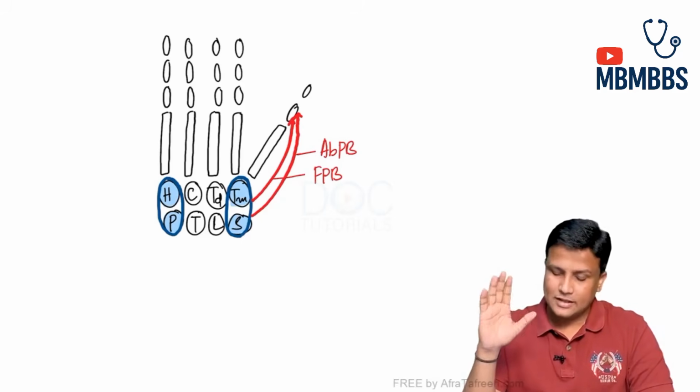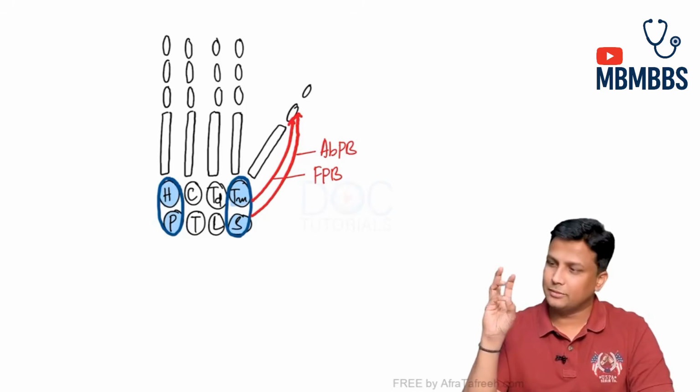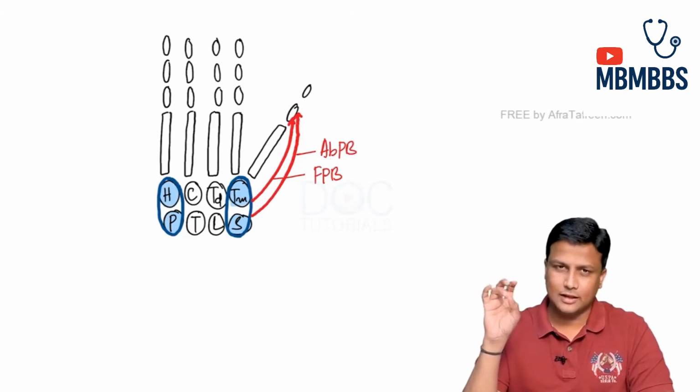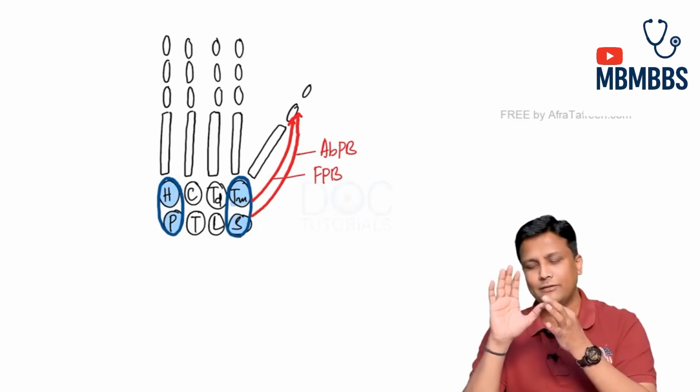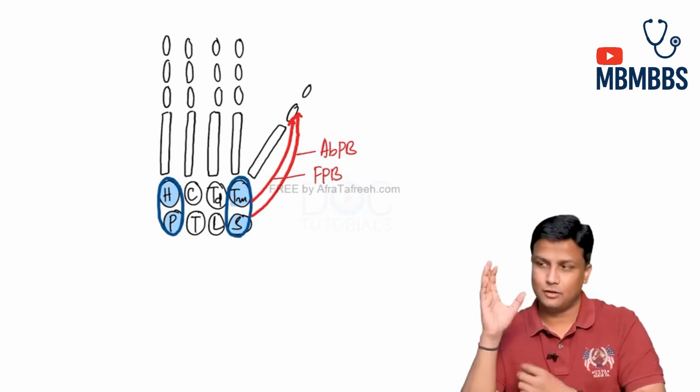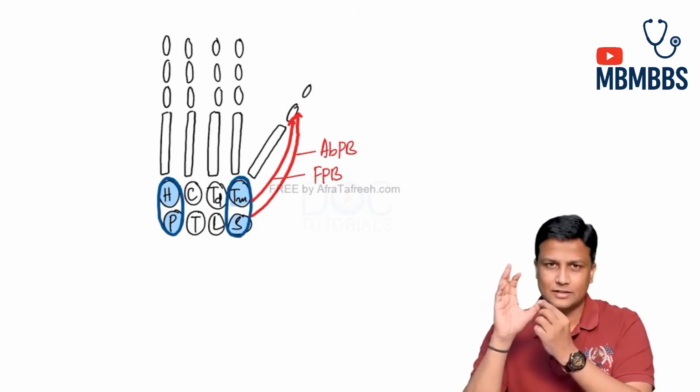See, opponens pollicis, actually we have to do opposition. The finger is trying to come here and we have to do the opposition here, guys. So do one thing, you also just try to do opposition like this here. And try to feel in that opposition, are you moving only the phalanges of the thumb or are you also moving the metacarpal? Only the phalanges?